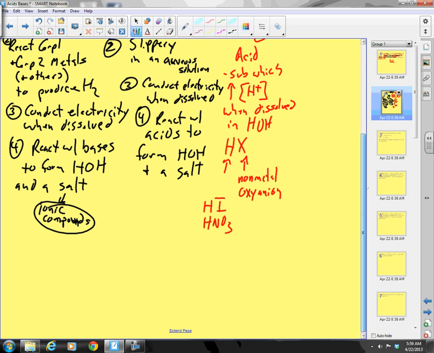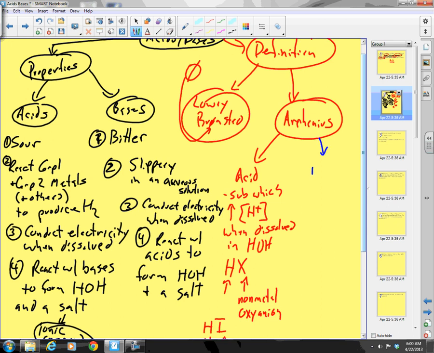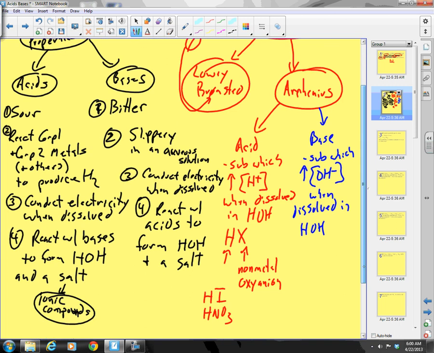Now, what are my Arrhenius bases? My Arrhenius base is very similar, right? It is a substance which increases the concentration of OH minus when dissolved in water. Good. And what's the general form?